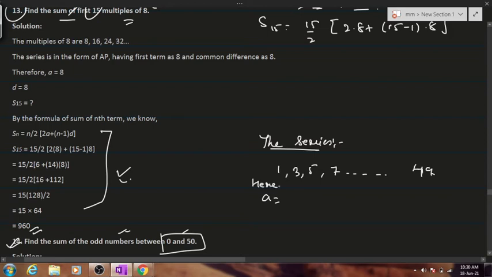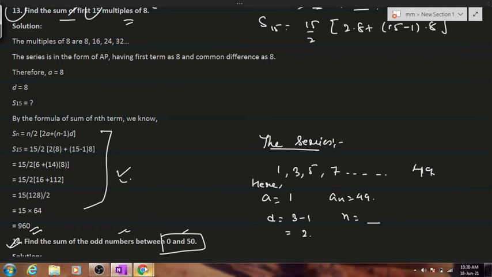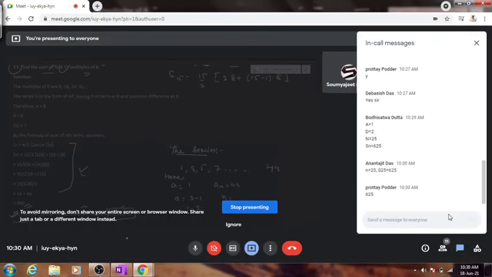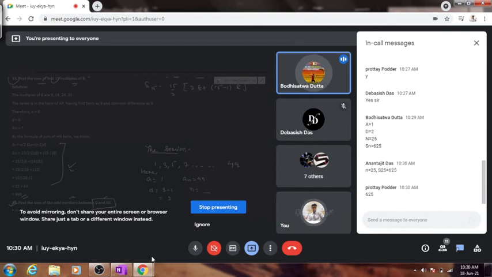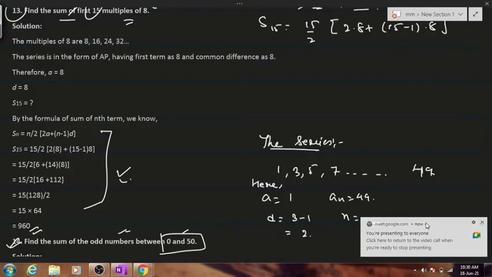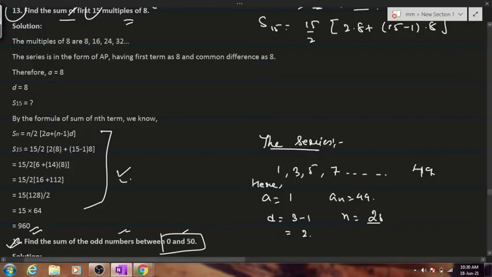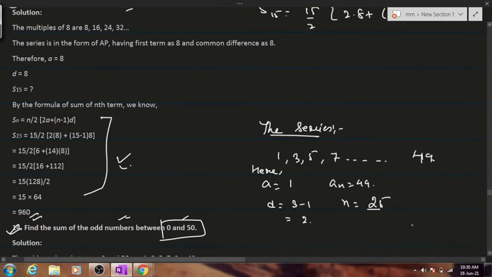We'll write a equals 1, d equals 3 minus 1, which is 2, and an equals 49. What will be the value for n? Tell me the value for n. People have already given the answers. n equals 25. Very good. n obviously will be 25, because half of the numbers will be odd, half will be even. So n equals 25.